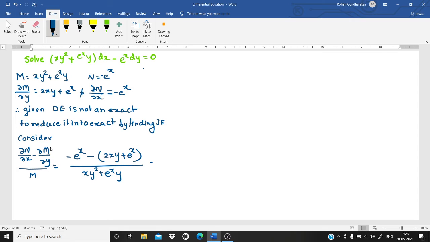Now what I am getting here? काय मिळेल मला इथे? बघा, minus sign will be given inside, we get minus minus. Okay, we can have minus sign common. This e raised to x plus e raised to x becomes 2 e raised to x plus 2xy. बरोबर आहे. डिनॉमिनेटरला मला काय मिळेल बघा? व्हॉट आय विल गेट इन द डिनॉमिनेटर?